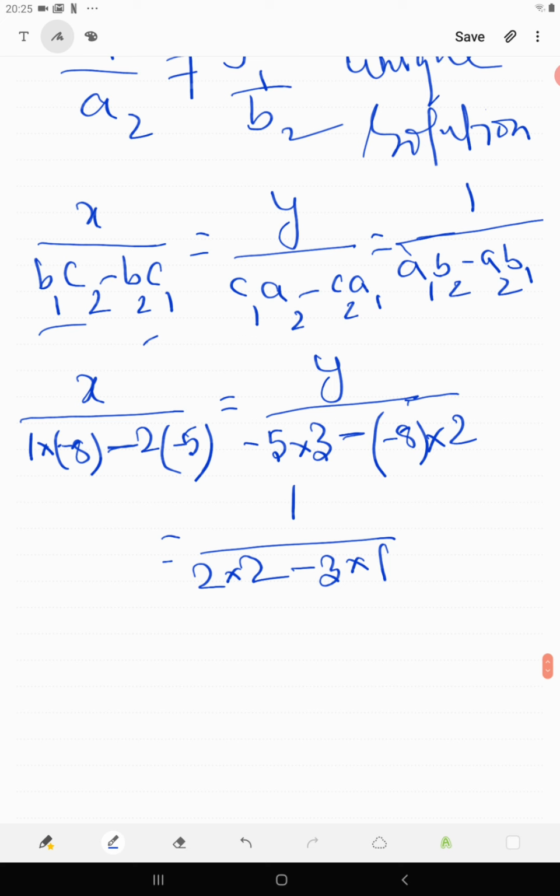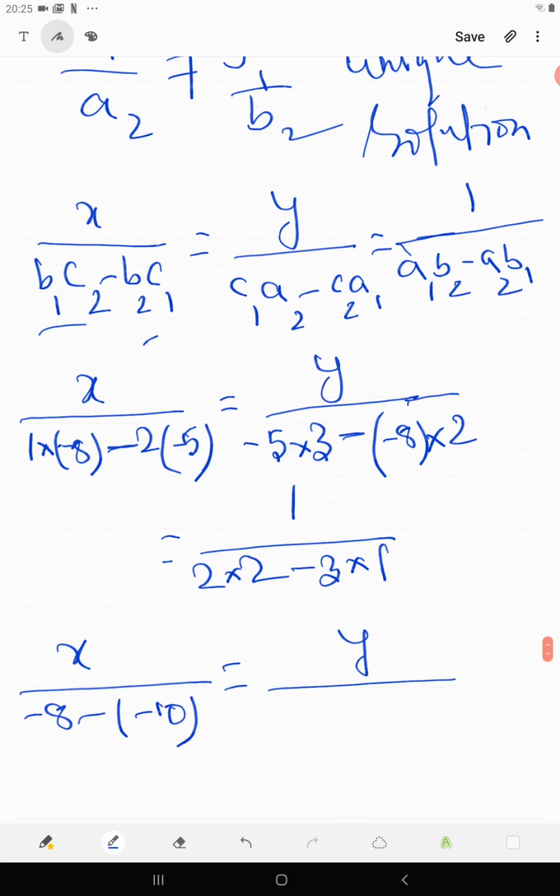Now we need to multiply. So 1 into minus 8 is minus 8, and minus of 2 into minus 5 is minus 10. So minus 8 minus of minus 10 equals y divided by, minus 5 into 3 is minus 15, minus of minus 8 into 2 is minus 16.